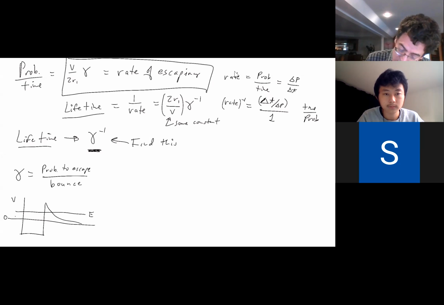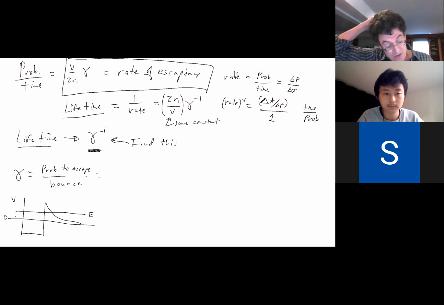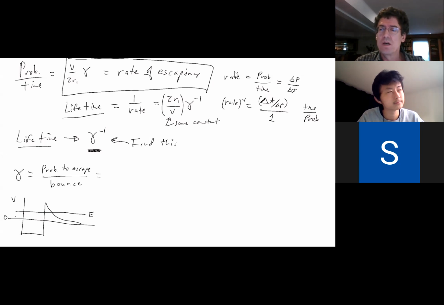So what is another word for this quantity gamma? How do I think of this gamma quantity in quantum mechanics? The probability to escape per bounce. So the little alpha is going boing, boing, boing, hitting that wall, and every time it hits that wall, it has a probability to escape.